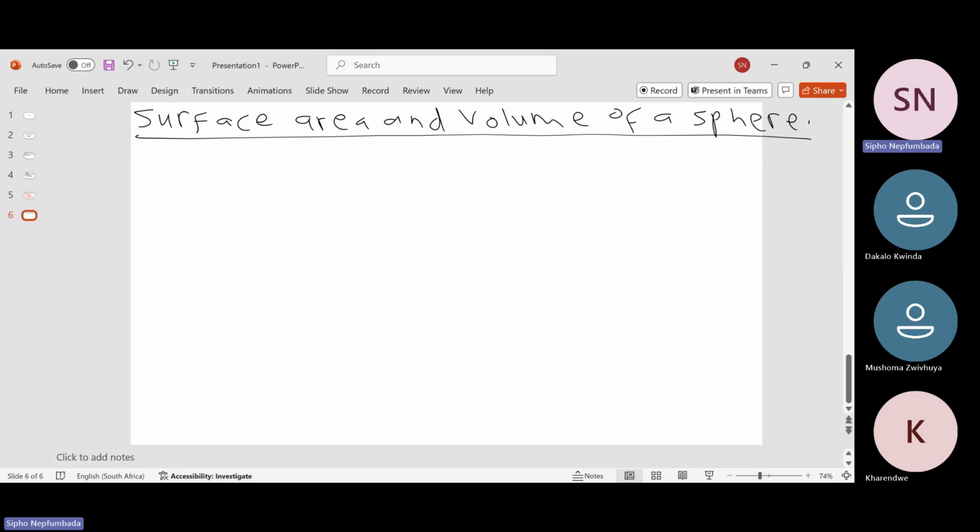as far as we're concerned, what do we know about the surface area and the volume of the sphere?